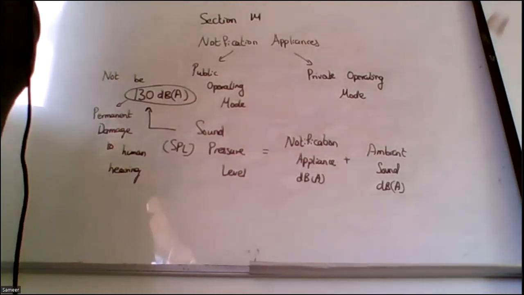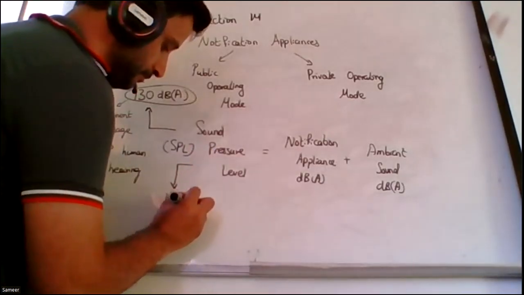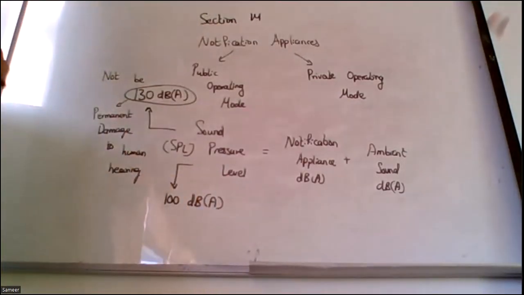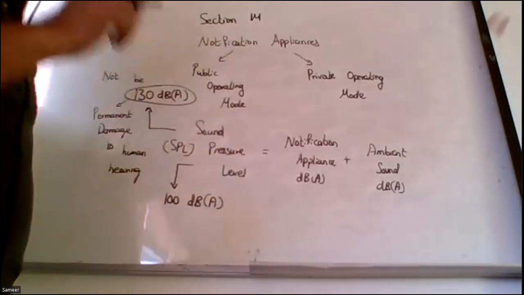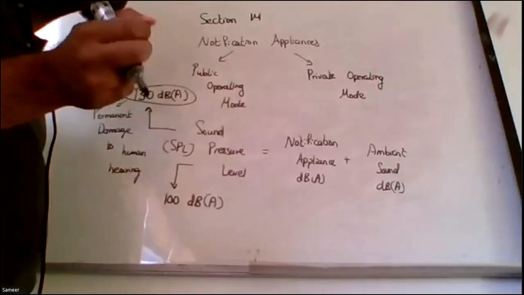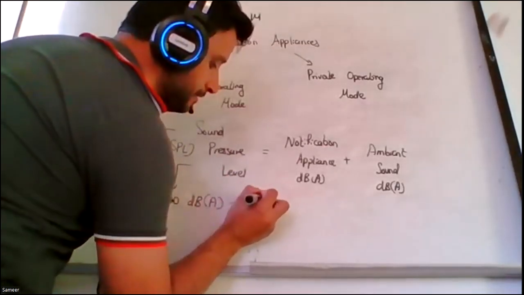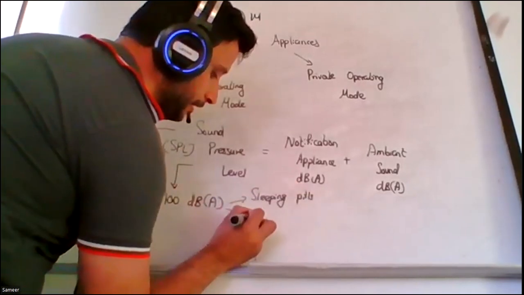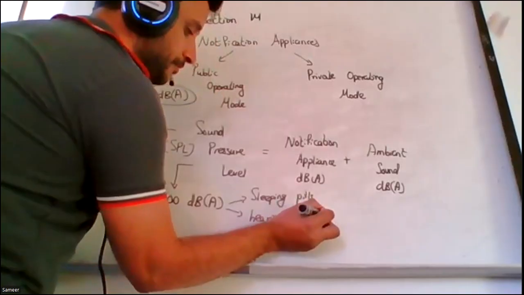The sound pressure level can be 100 dBA, but 100 dBA is usually for sleeping occupants, people who are on sleeping pills, or people with hearing impairment, which means hearing issues.